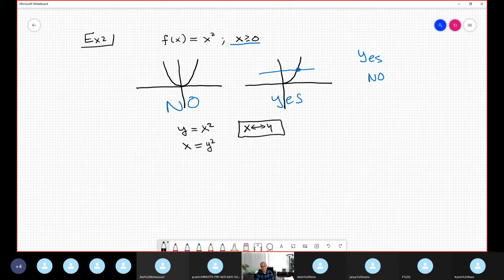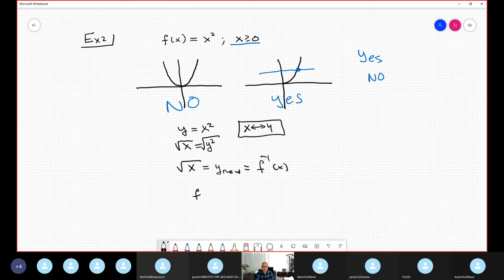And this is the inverse function, but implicit. And you never leave it implicit. You solve for y. You apply the square root to both sides. Square root of x equals the new y.